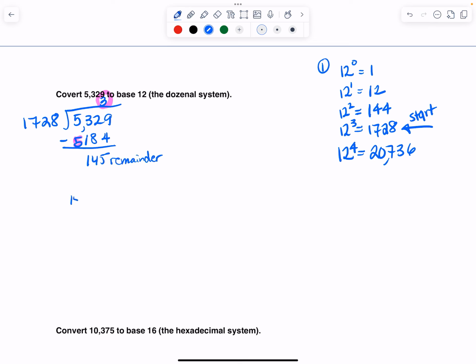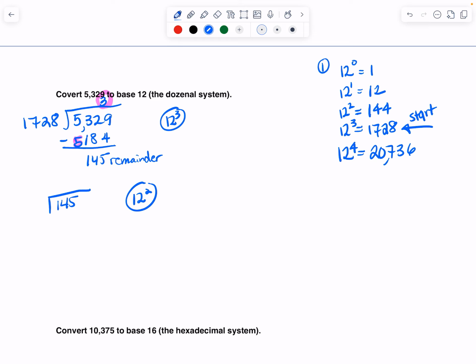So I'm going to take the remainder and I'm going to divide it by the next positional value down. So remember we started with 12 to the third, we're now on 12 to the second.